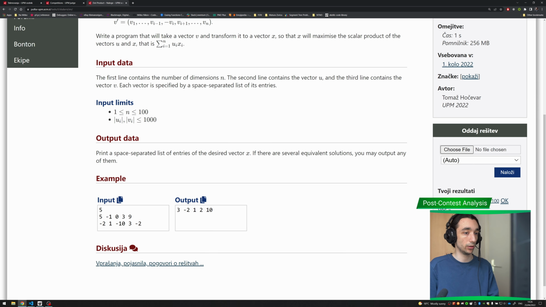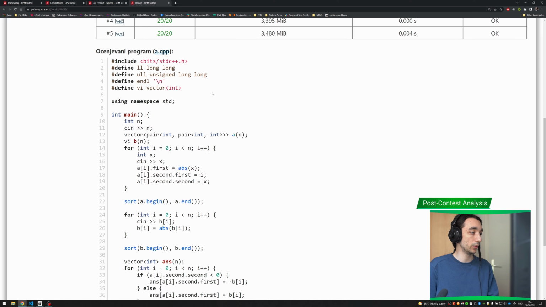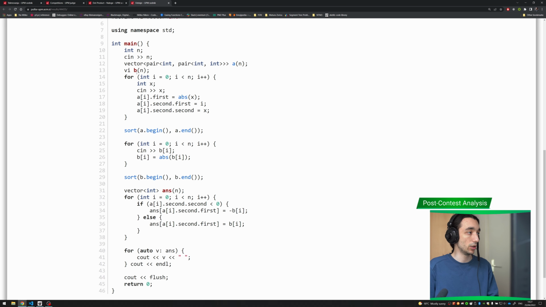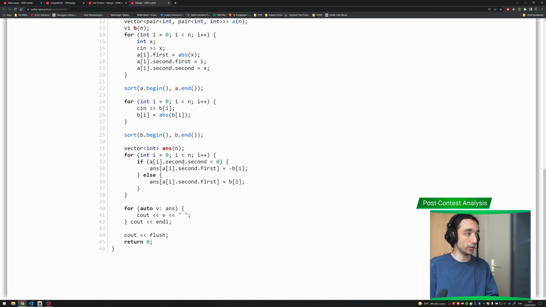The solution, if we take a look at what we've posted, is just having a pair structure, then sorting A by the absolute value, sorting B by the absolute value, of course.